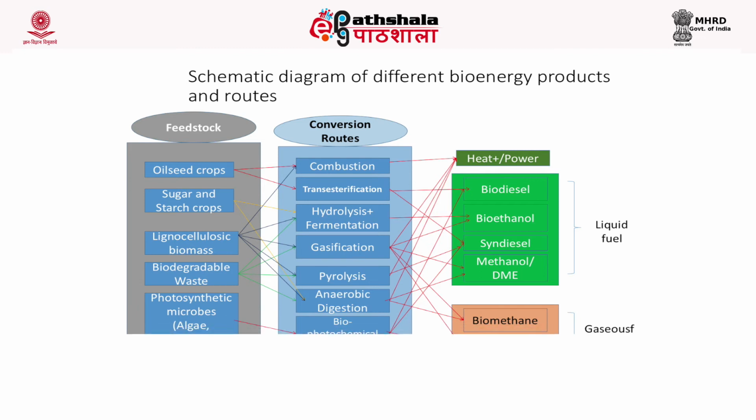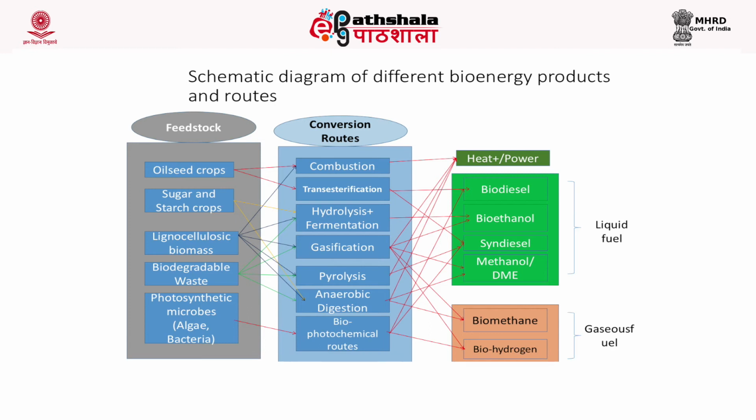Sugar and starchy crops are mainly converted by means of hydrolysis and fermentation processes. It produces bioethanol. Lignocellulosic biomass: pretreatment and fermentation produces bioethanol. It can be used for gasification, combustion, pyrolysis and anaerobic digestion. So accordingly, the products vary.